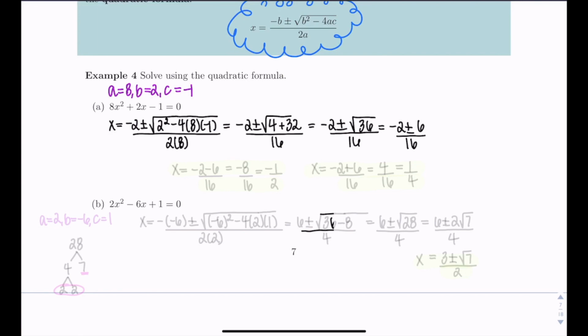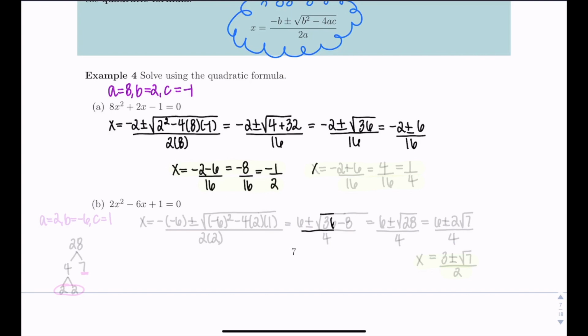And so let's split this into two separate fractions so we can solve this nicely. We have x equals -2 minus 6 over 16. Well, this is -8 over 16, or we have -1/2.